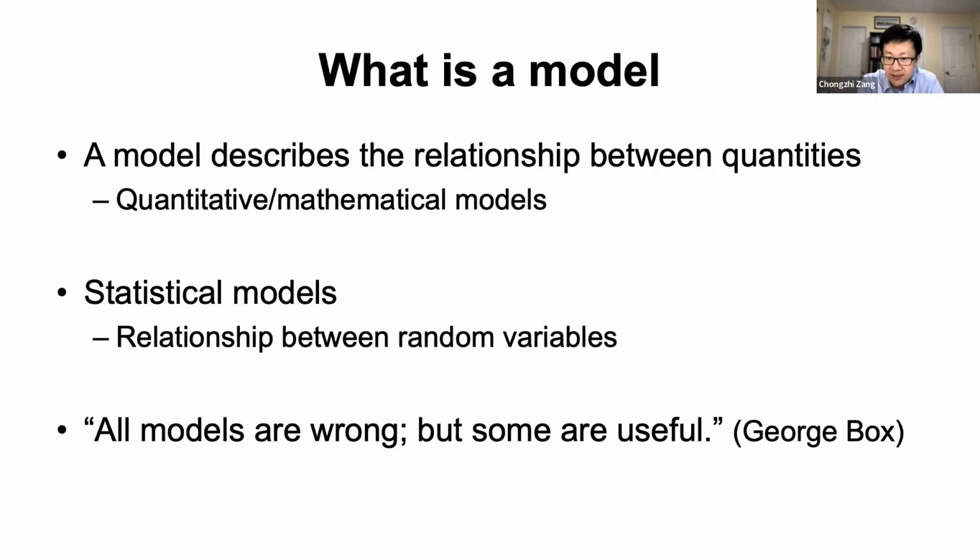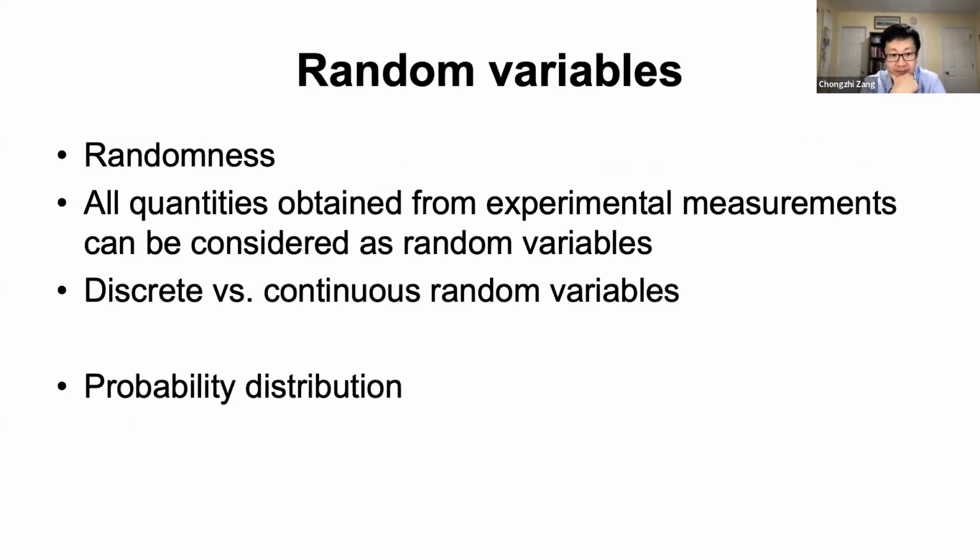The model itself is not Newton's law or general relativity. It's not a basic scientific theory. So models can be wrong, but some are useful. We use the models to describe the relations, which may give us some hints about the real underlying science behind the data.